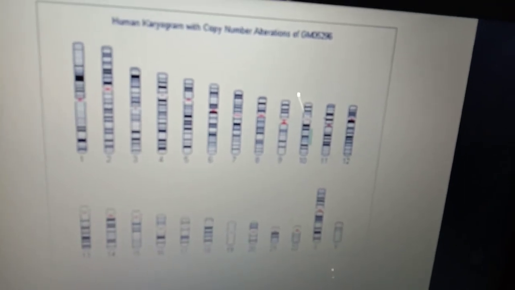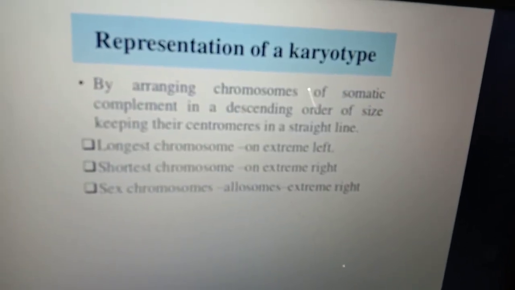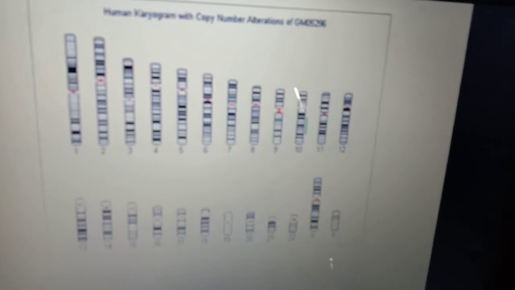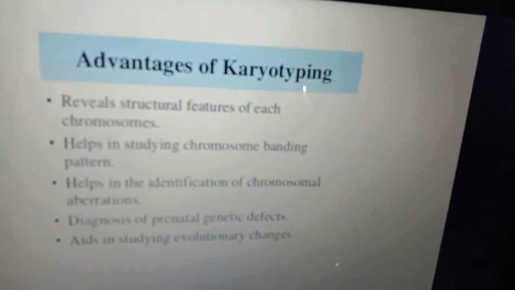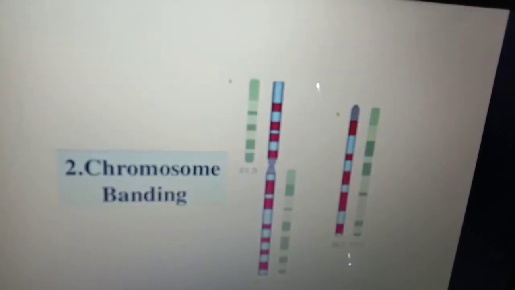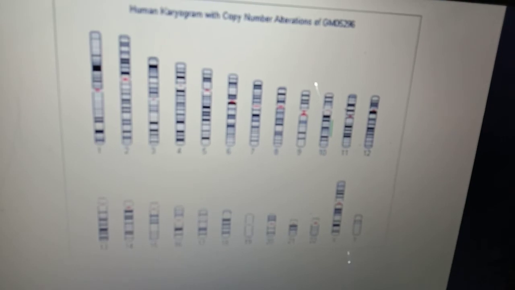So you can see here, as I told you, the longest chromosome is on the extreme left, then the shortest on the extreme right.